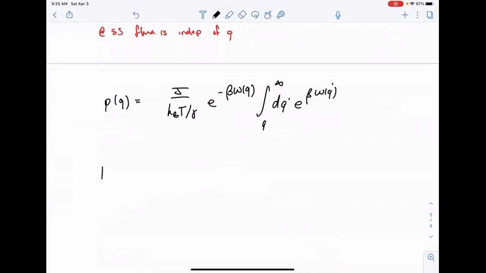So from this expression, we can also denote what we mean by P of A as an integral from minus infinity to Q star.